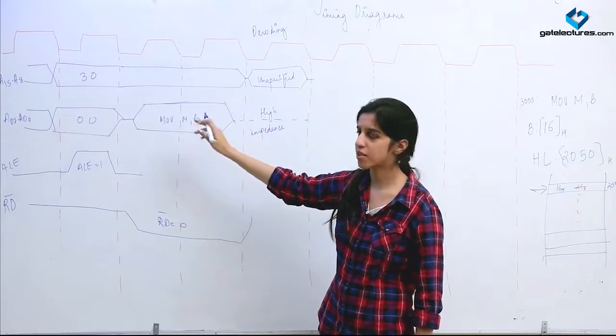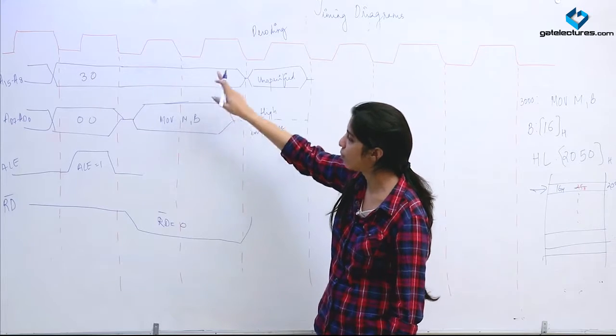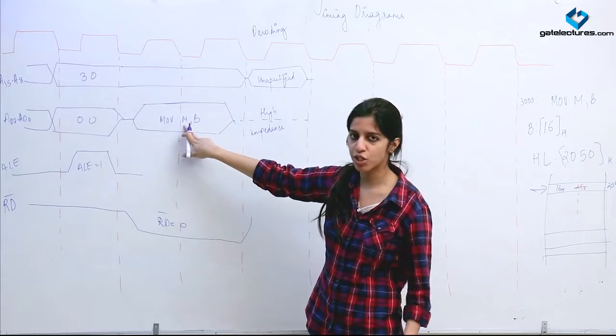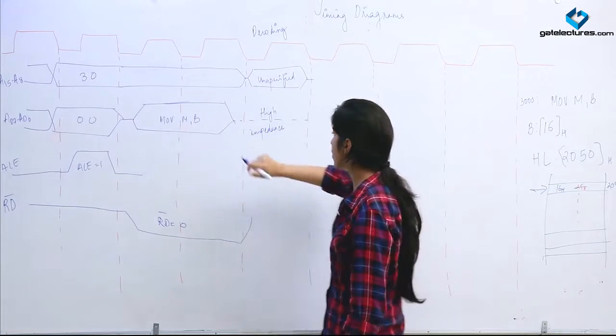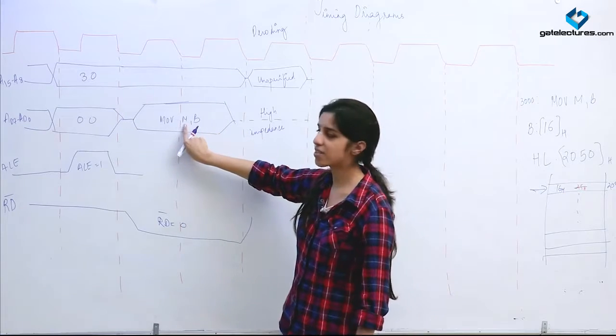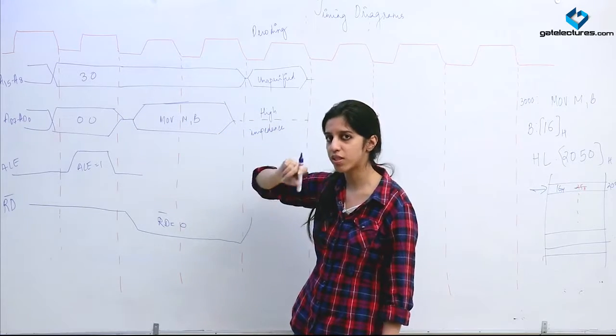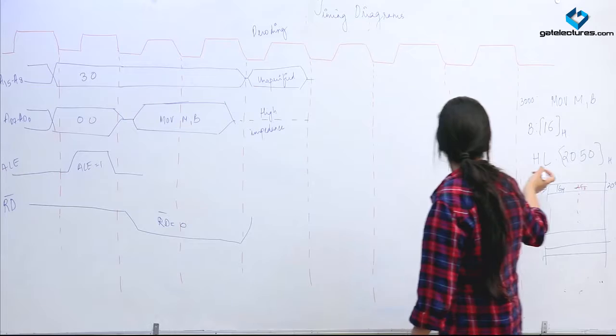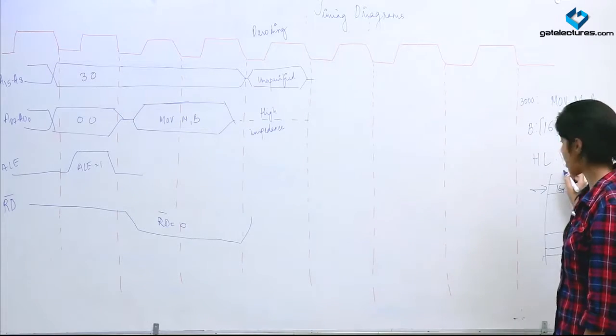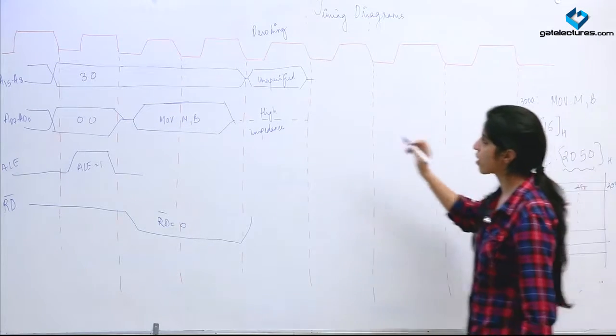Now the processor knows that the contents of B have to be written in the memory location pointed to by the HL pair. The processor reaches the HL pair and sees what is stored. HL pair contains 2050.